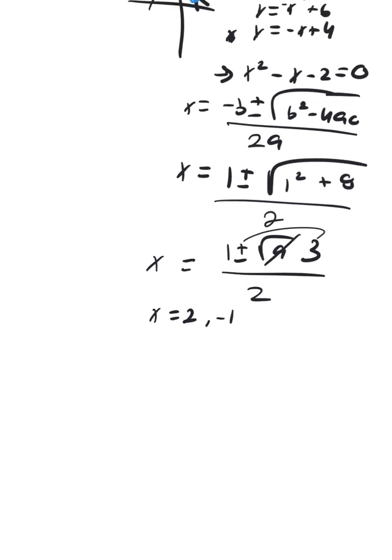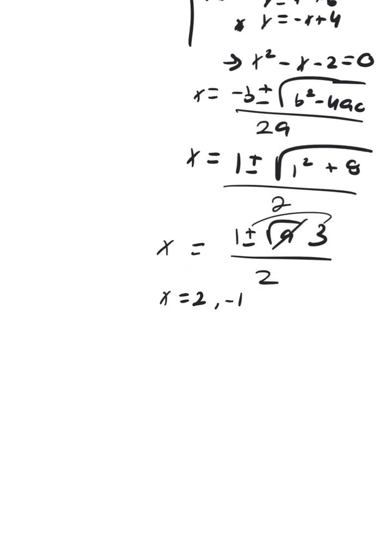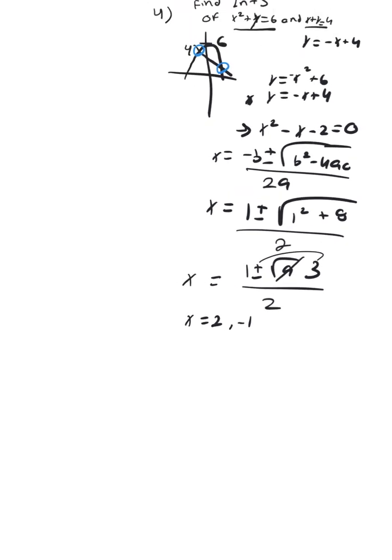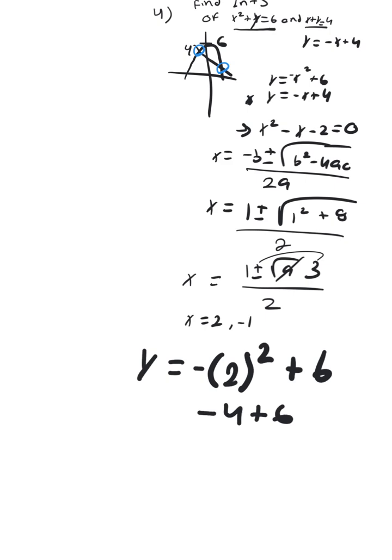So now, let's go ahead and plug this into the equations. So if we keep solving this here, we find that plugging the x into the equation, 2 squared is 4 times a negative 1, negative 4 plus 6 equals 2.